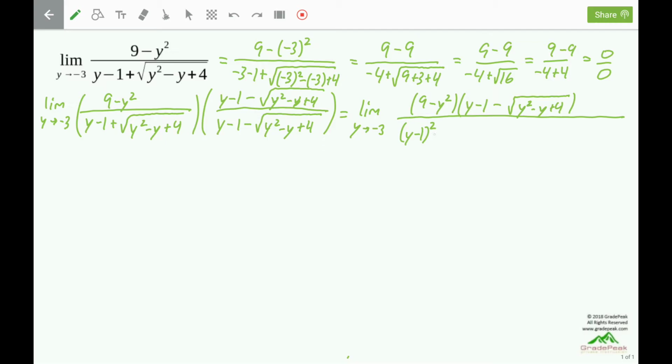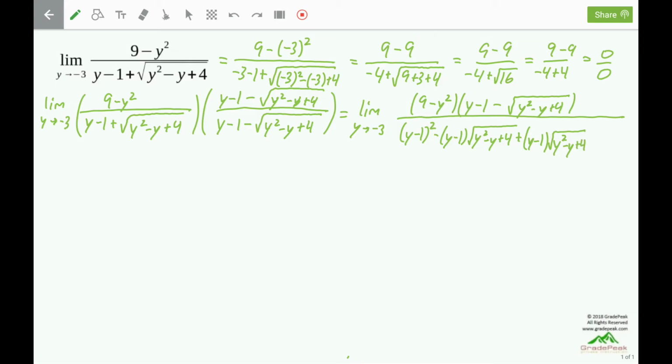Outside, a y minus 1 times a negative root will give us a negative of y minus 1 times the root of y squared minus y plus 4. The inside positive root times y minus 1 will give us a positive y minus 1 times the root of y squared minus y plus 4.